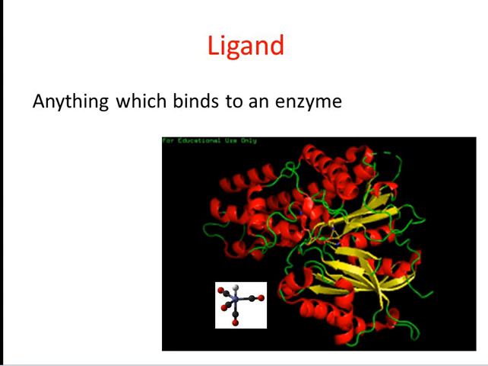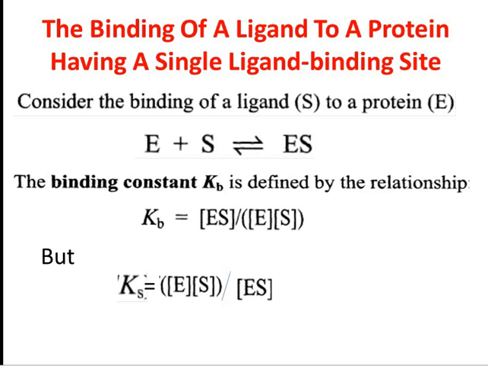So first we have to understand the concept of binding of a ligand to a protein having a single ligand binding site. Consider the binding of a ligand S to a protein E in the simplest possible system. E plus S gives ES. The binding constant Kb is defined by the relationship Kb is equal to the concentration of enzyme substrate complex divided by the concentration of enzyme times the concentration of substrate.